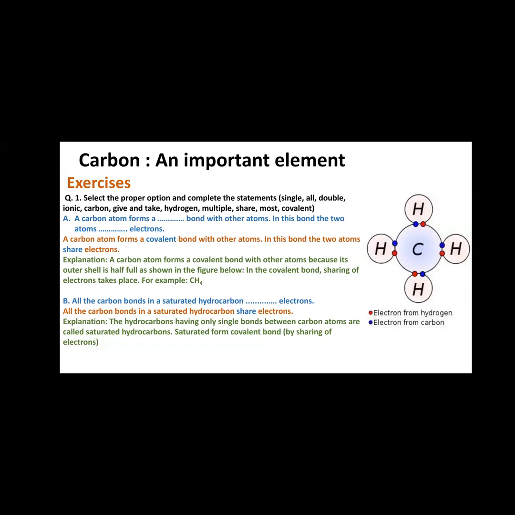So ultimately, the hydrogen atoms complete their outermost shell, having 2 electrons in the outermost shell, and carbon is also completing its outermost shell by sharing and gaining 8 electrons in its outermost shell. So this is the formation of covalent bond, and the covalent bond is formed by sharing of electrons.